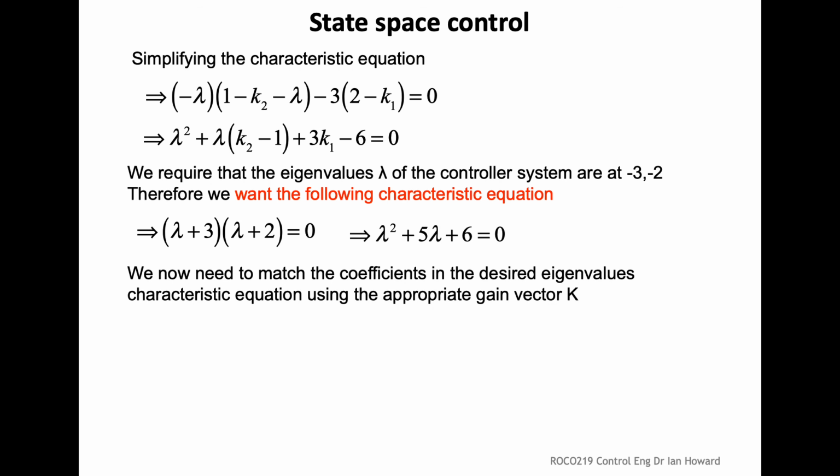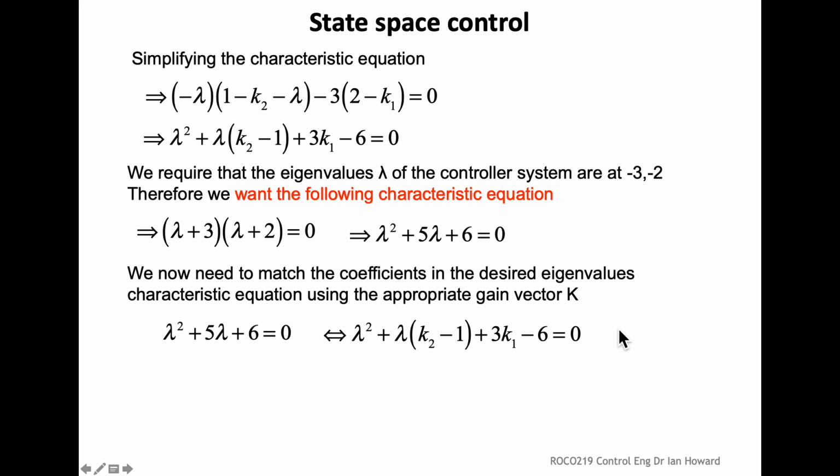All we have to do now is compare coefficients of what we want the characteristic equation to look like with the actual characteristic equation that we've got. So lambda squared plus 5 lambda plus 6 has got to be equivalent to lambda squared plus lambda (K2 minus 1) plus 3K1 minus 6.